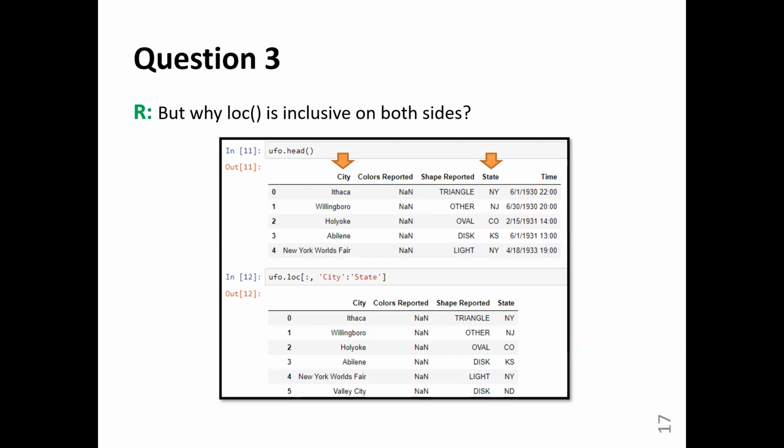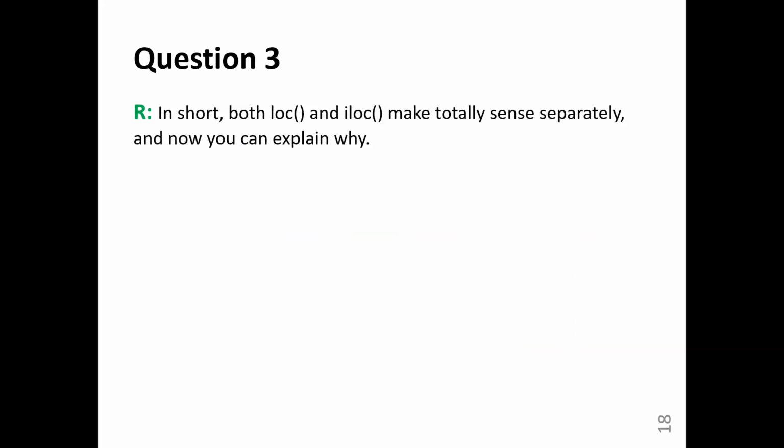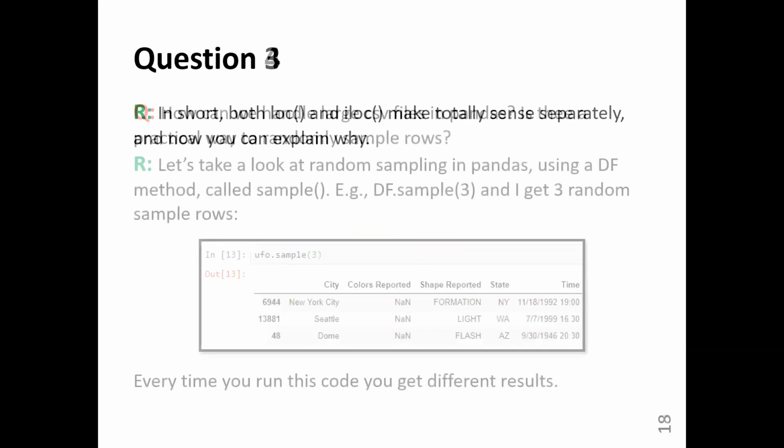Everything is kind of super clear. Okay, by saying that, we can say in short, both log and ilog make total sense separately, and now we can explain why. ilog is based on the ancestors, and log is something new for those needs.